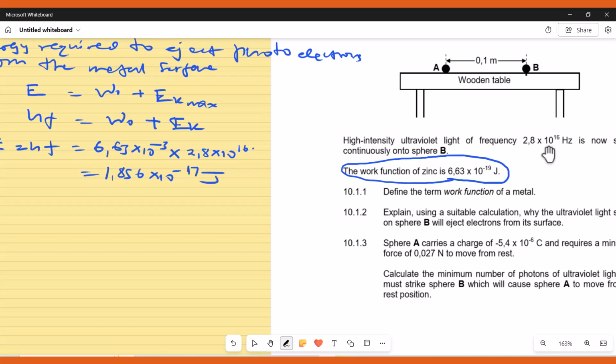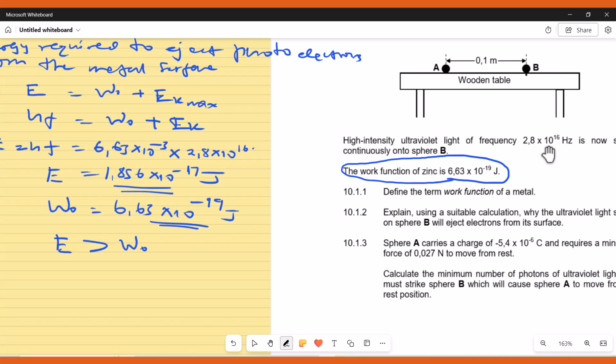Now this energy E, if you look at and compare it with our work function, which was given as 6,63 times 10 power negative 19 joules. Okay, what do we observe? That our energy E is greater than the work function. You see this value is bigger than this one here.